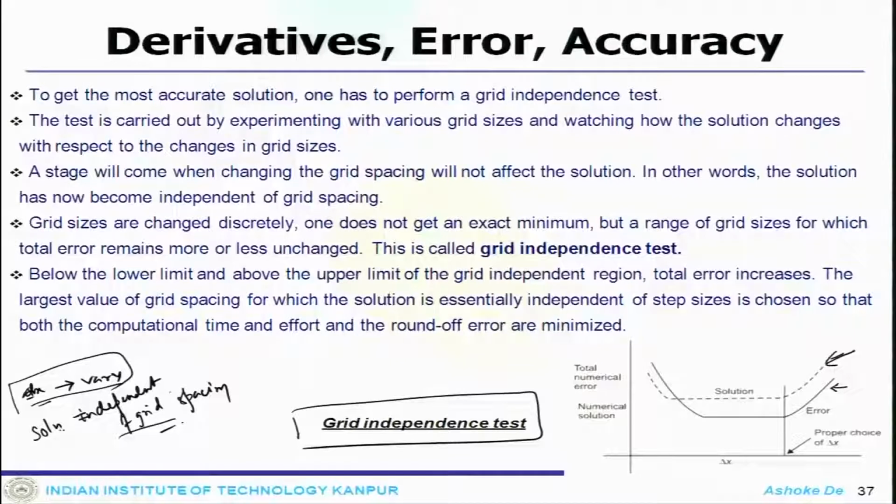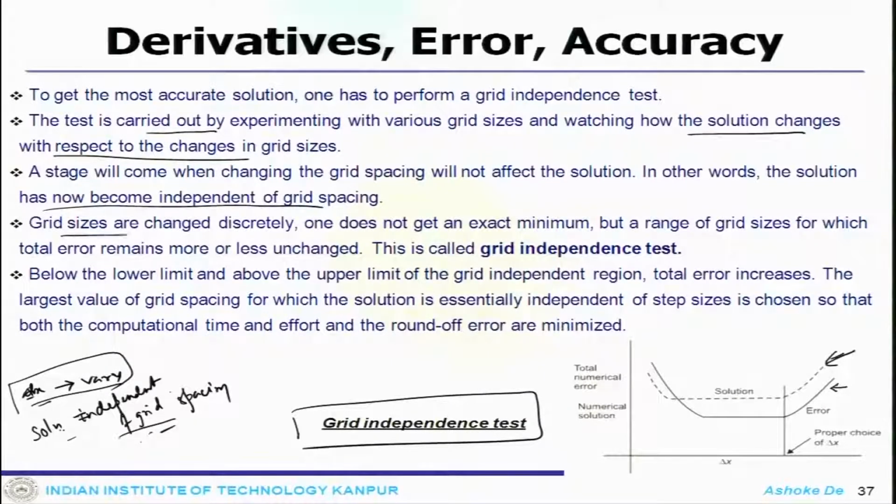So, this essentially needs to be carried out, and see how the solution changes with respect to the grid size. At some point when the solution becomes independent of grid spacing, it won't affect the solution anymore. So, you can say the solution is now independent of grid spacing.